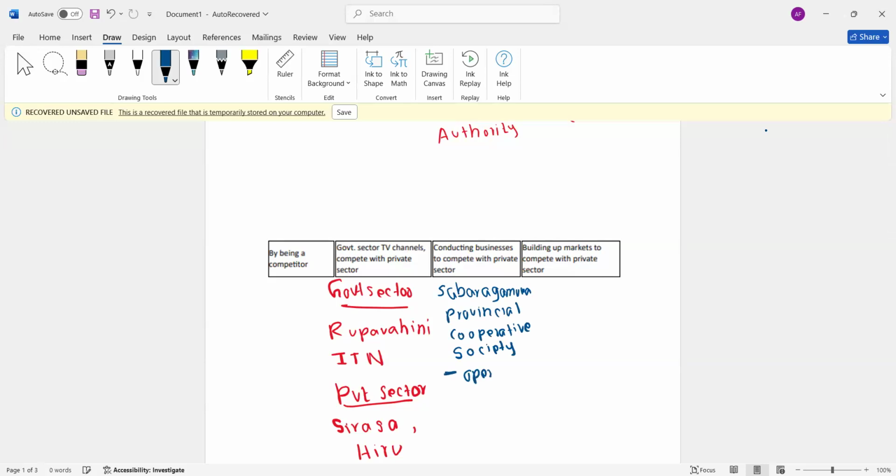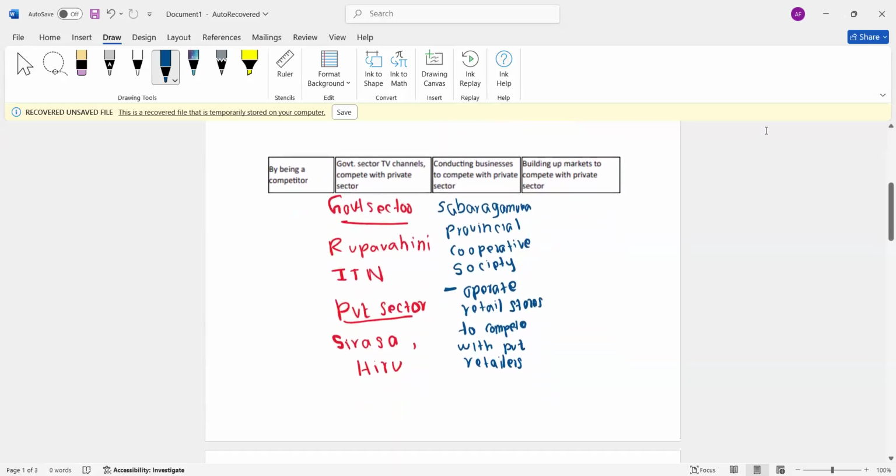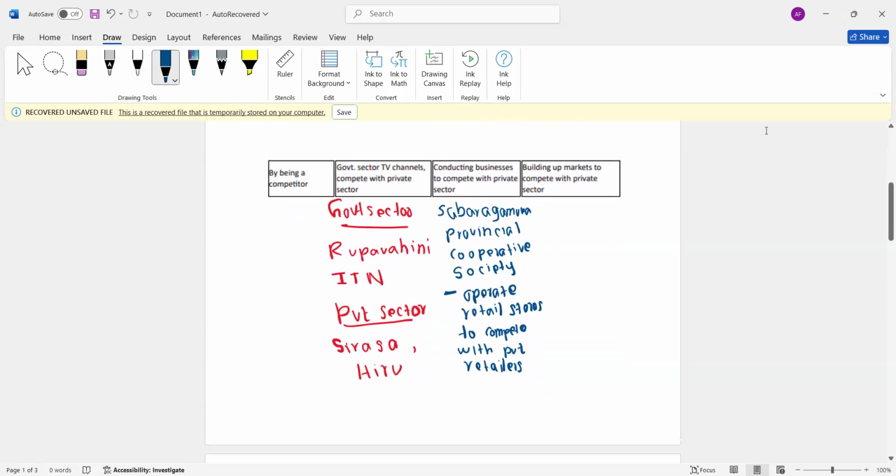They operate retail stores to compete with private retailers in the Sabragamuwa province. I'm not writing Sabragamuwa province; you should know it's Sabragamuwa province, or you can write it. Private retailers in Sabragamuwa province. Okay, one example is that.